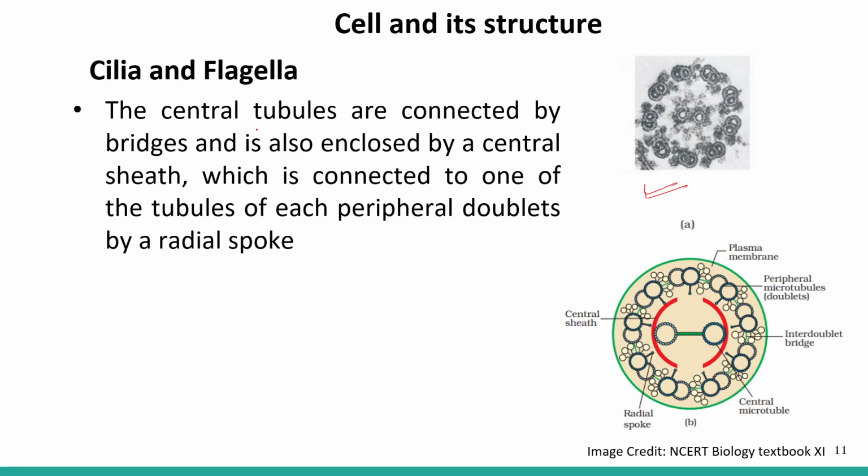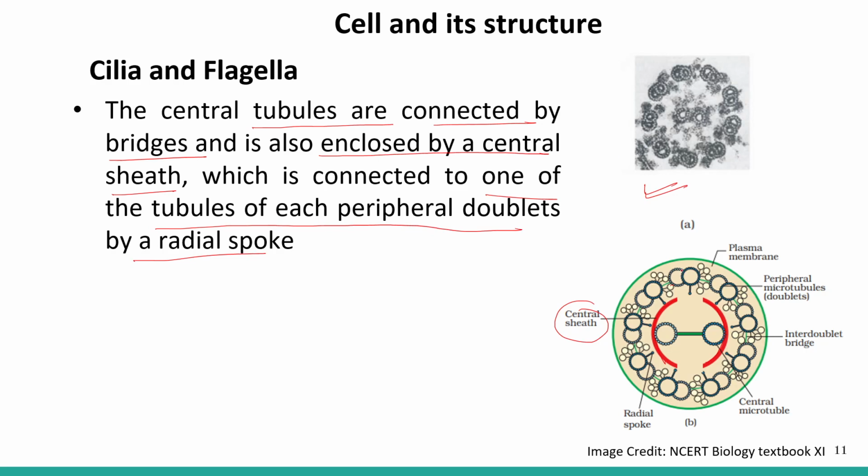So the central tubules are connected by bridges and are also enclosed by the central sheath. Here we can see this red color in the figure, the central sheath covering the central microtubule, which is connected to one of the tubules of each peripheral doublet by the radial spokes.